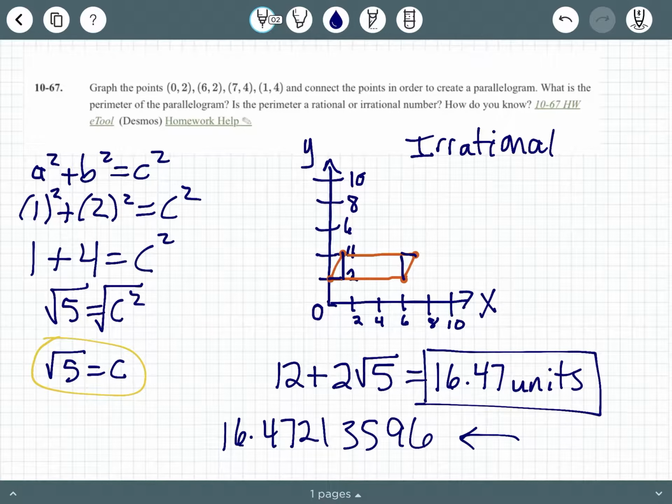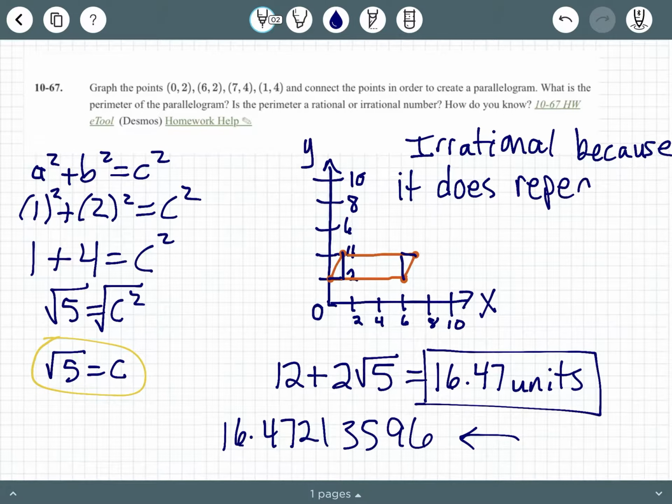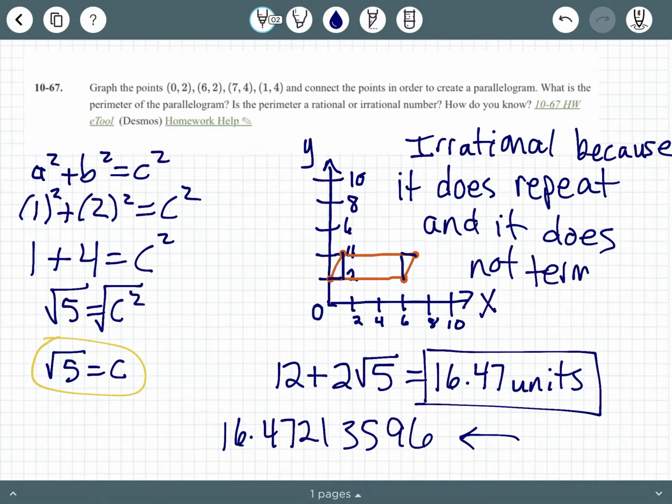And that is because it does not repeat, right? So we don't see any sort of pattern in those numbers, and it does not terminate, or end. Remember, that's another word for end. So there we are.